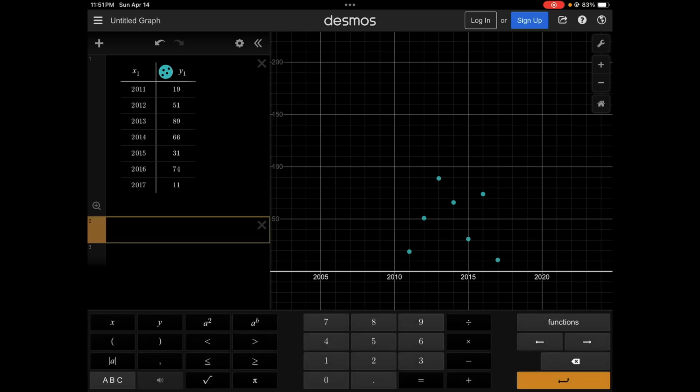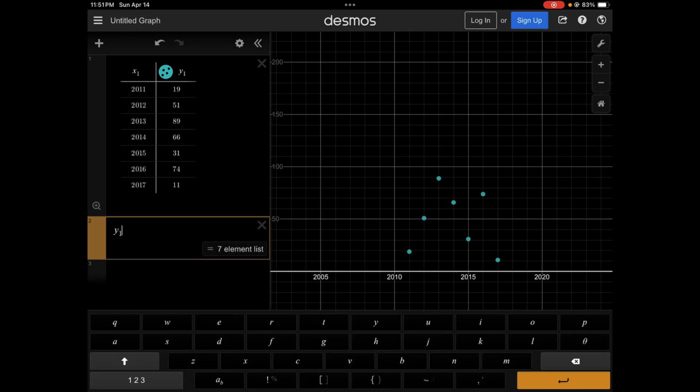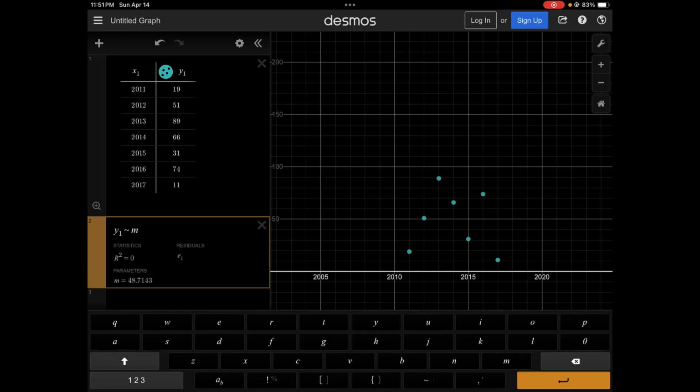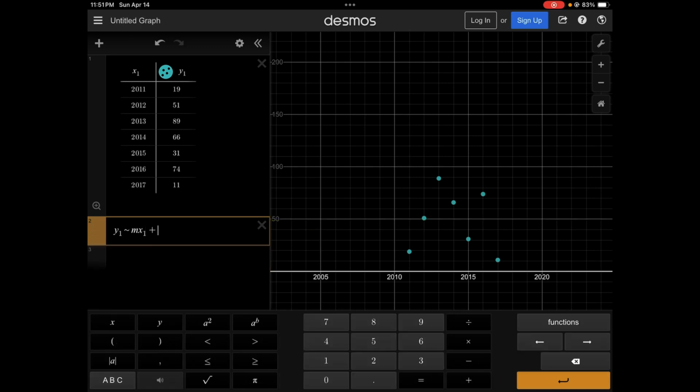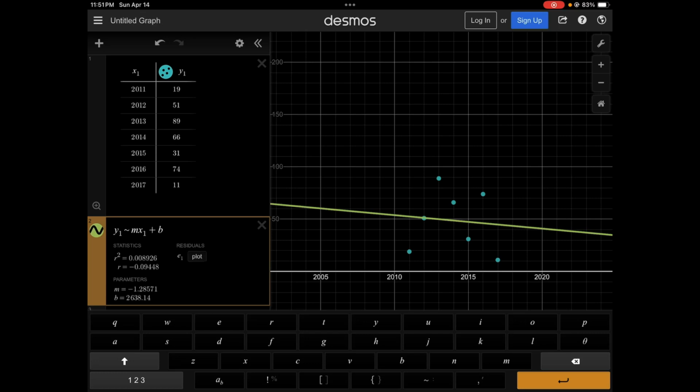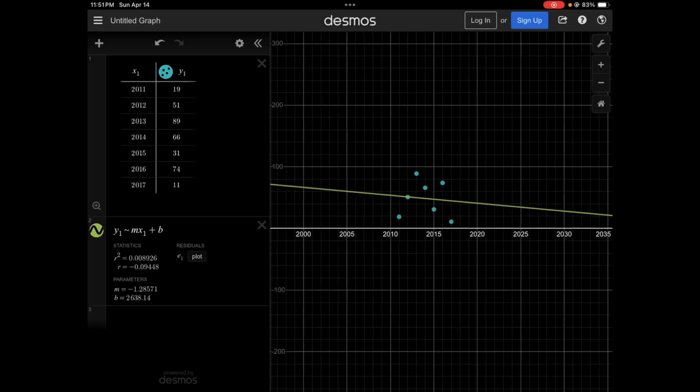Let's see what happens if we do the calculation using our math, what we would find. Okay, so I'm going to put y1 squiggly m x1 plus b, and it tells me that it looks like it's not clear because it's very weak, but it looks like it's going downward.